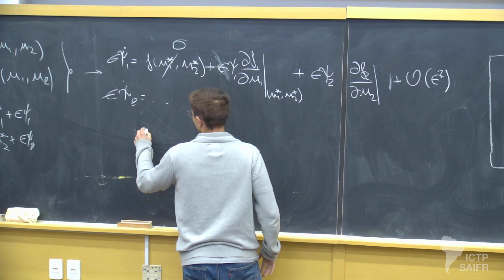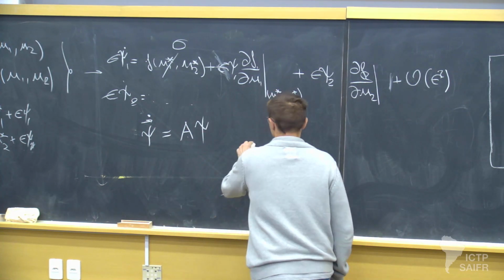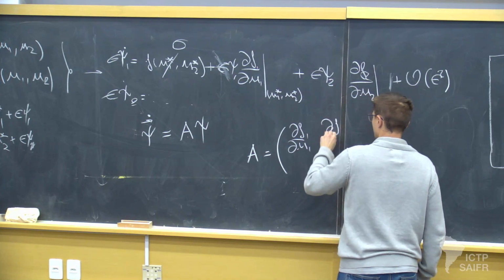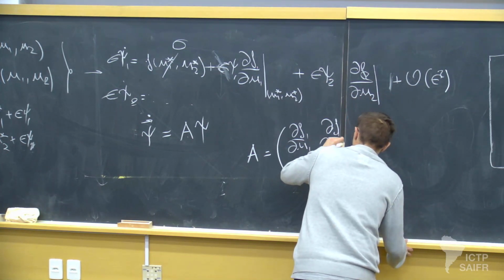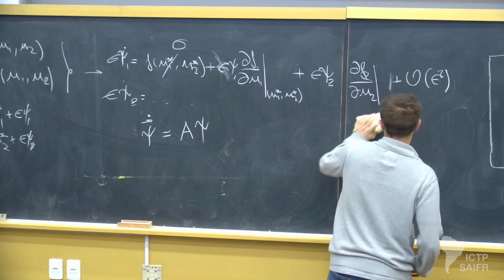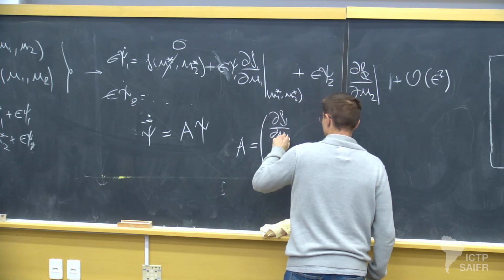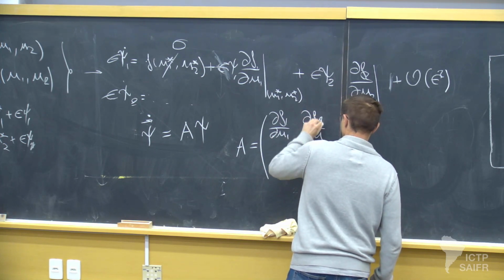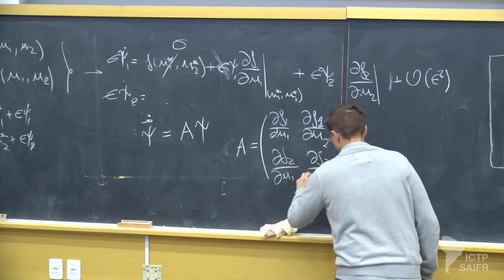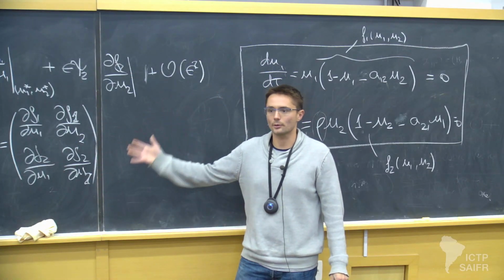If I define a vector C, where A is the Jacobian, the matrix that you construct with the derivatives of the function.